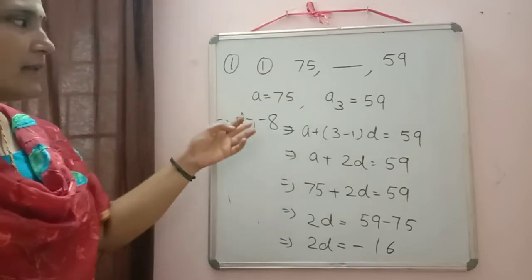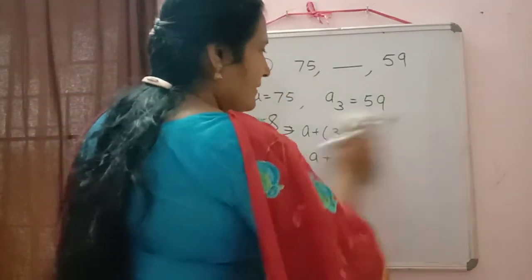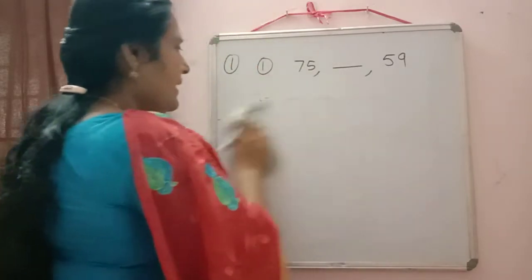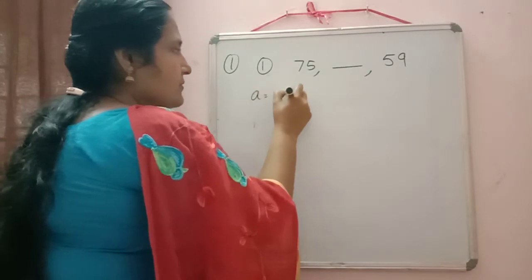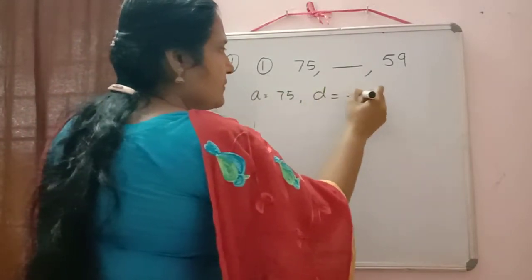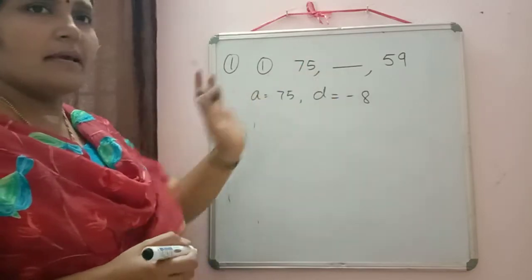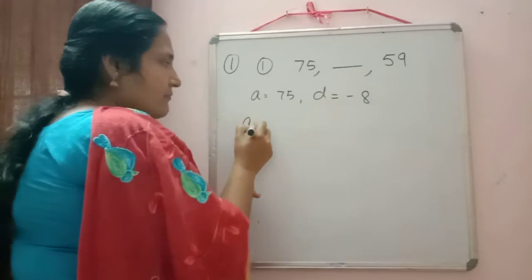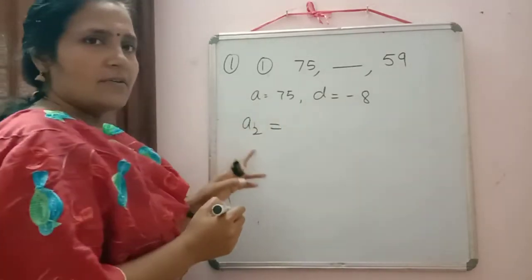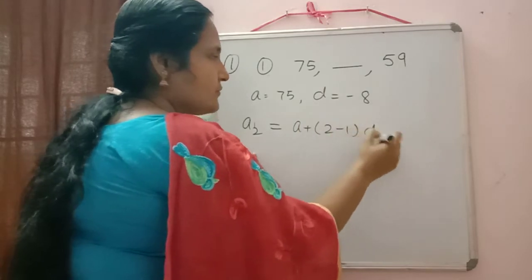Now we have the value of a. To get the second term, we can calculate using the value of d. So we have a is equal to 75 and d is equal to minus 8. Either you can write directly 75 minus 8, or, as this is the second term which we have to calculate, a2 is equal to a plus 2 minus 1 into d.